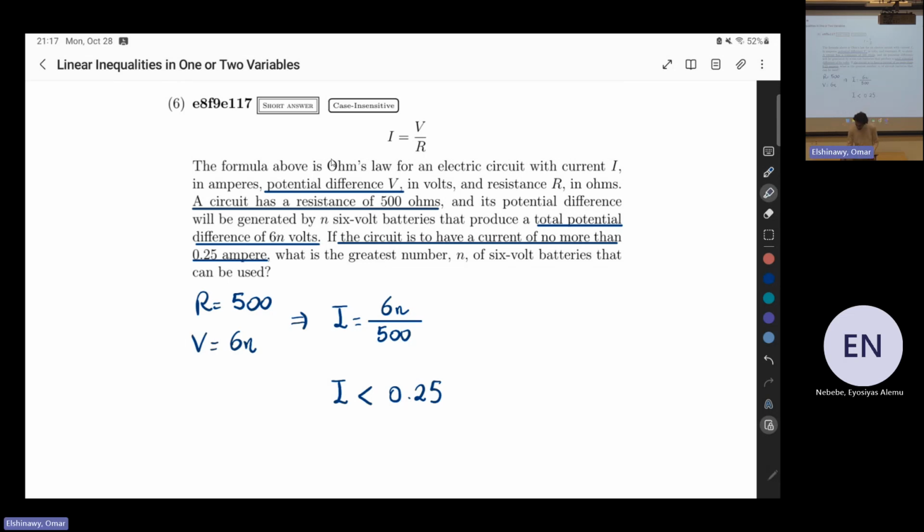Now, let's also emphasize it. So no more means that it is anything that is less than 0.25 ampere. This is good. So from here, we get this other fact. So we started with two facts.